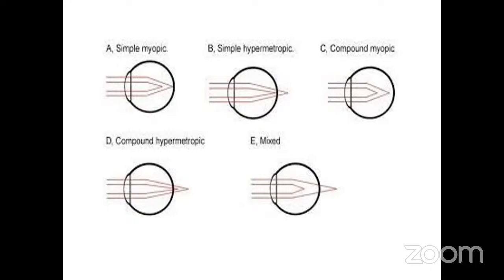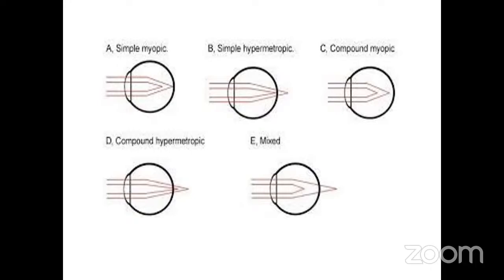For example, in simple myopic, power is -2 diopter cylinder at 90 degree, but in compound myopic, there is power like -2 diopter cylinder at 90 degree and -1 diopter cylinder at 180 degree.